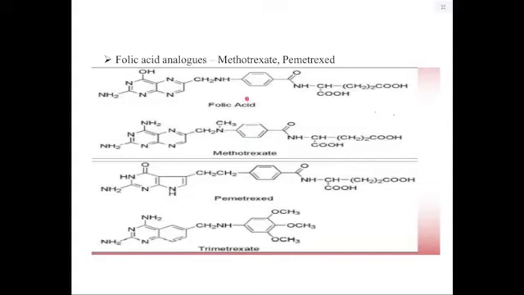Remember, folic acid has to undergo reduction to dihydrofolate, using dihydrofolate reductase, to tetrahydrofolic acid. The enzyme dihydrofolate reductase will not be able to differentiate between folic acid and methotrexate. If it takes methotrexate, that's the end of the story. The process will not continue. So please note that minimal structural difference.